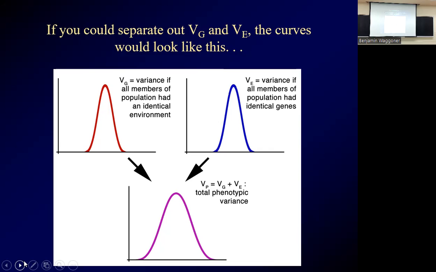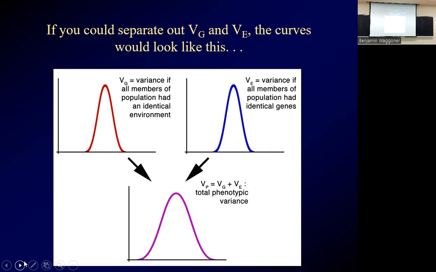And variance due to environment would go to 0, or as close to 0 as we could get it, if there's no difference in the environment that those plants are experiencing. And then all of our variance would be V sub G. On the other hand, we could take cuttings of one single tomato plant, which are genetically identical to each other, and grow them in a wide range of environments.